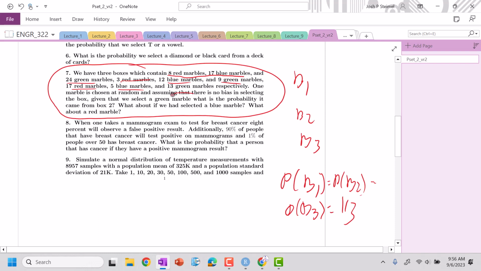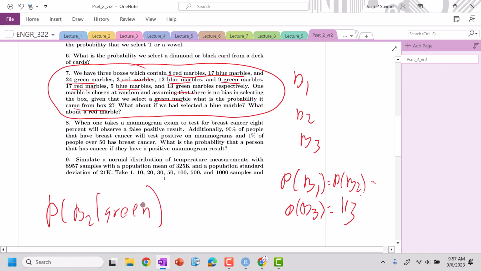And given that we select a green marble, what is the probability it came from box 2? The word "given" should ring some alarm bells, since we are going to be writing a conditional probability. So we're going to do the probability of B sub 2, given that it is green.